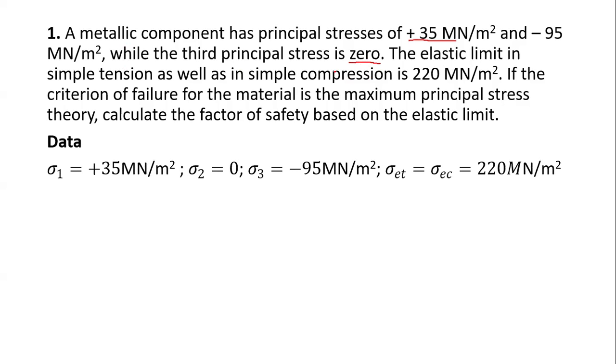Let's look at the information provided in our data. Stress number 1 is positive 35 meganewtons per square meter. We said number 1 is positive. Stress number 2 is between 3 and 1 because number 3 is negative 95 meganewtons per square meter.